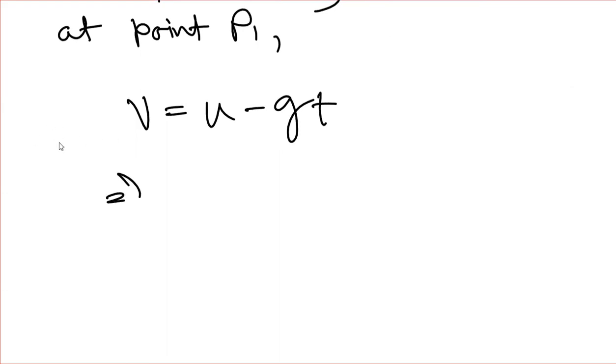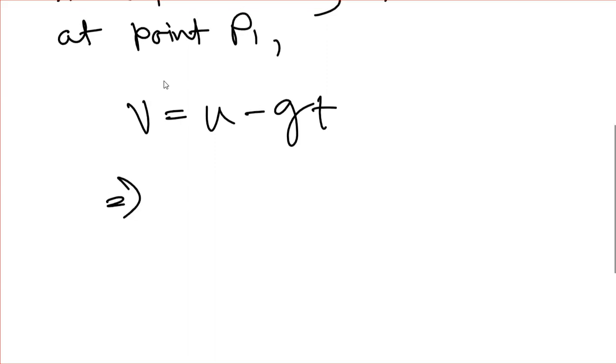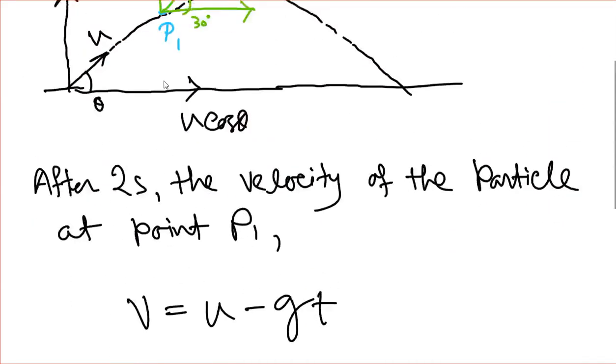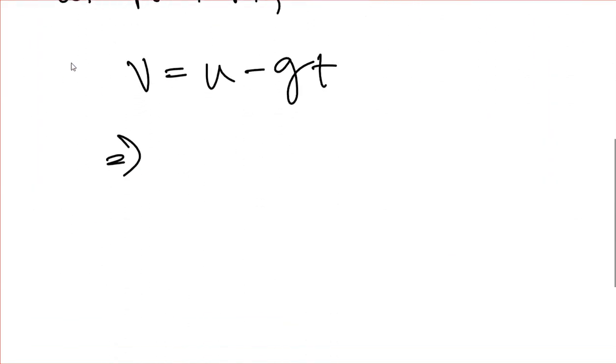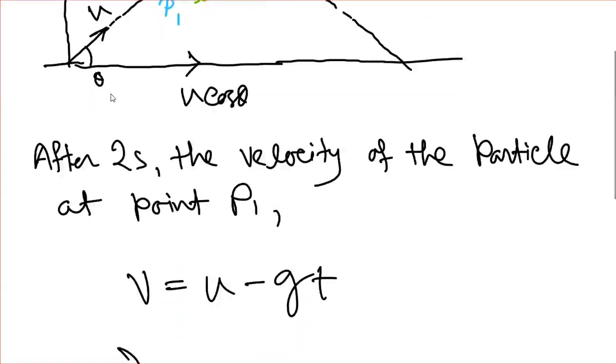Okay, so it is the general two-dimensional formula for kinematics. So now if we use that, the final velocity at point P.